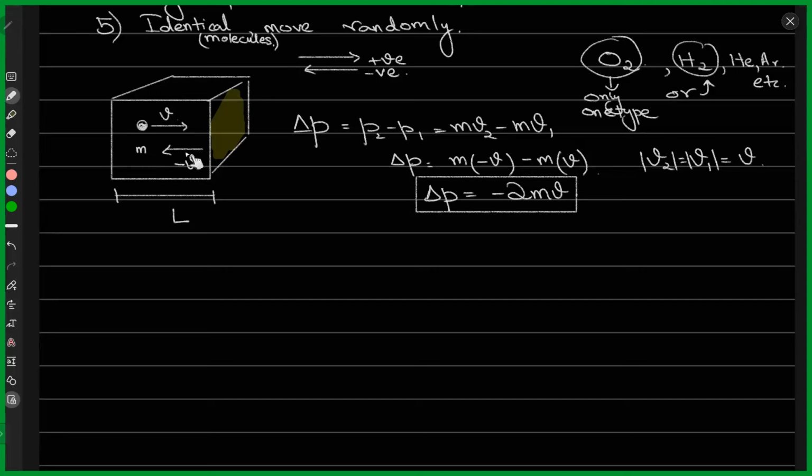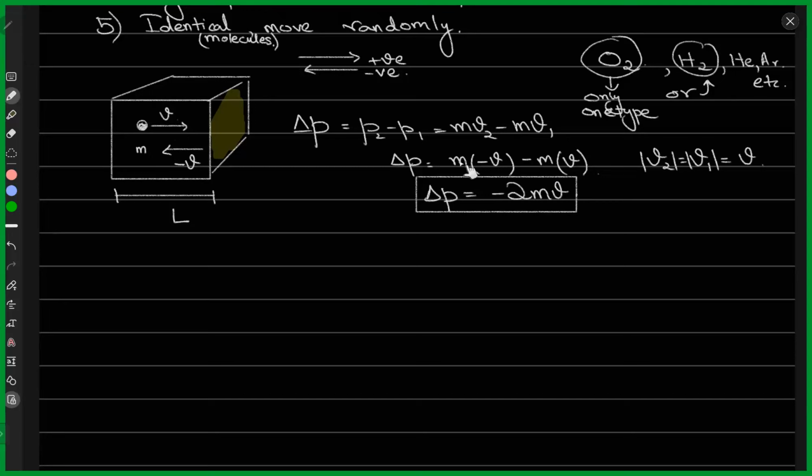And so I just substituted these values in this expression, m v2, but v2 is minus v because v2 is the velocity after rebounding, and minus m v1. So v1 is just positive v because it's moving to the right.